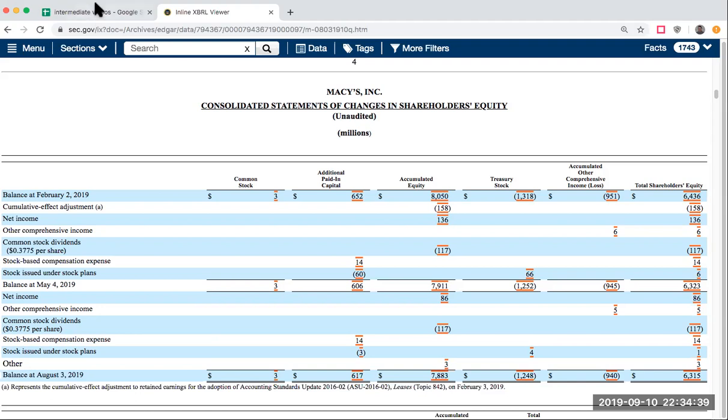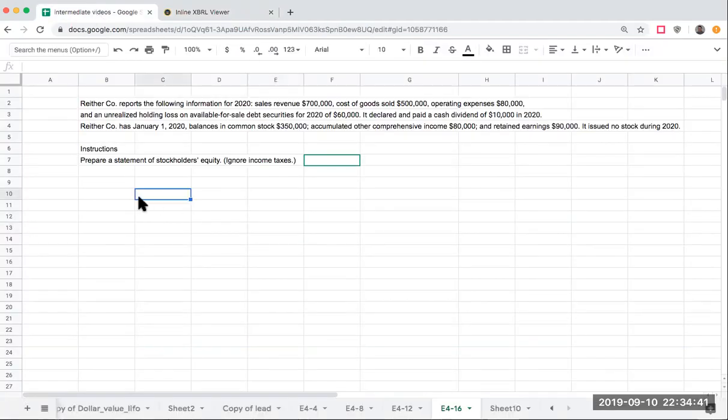So in preparing a statement of stockholders' equity, the way we're going to do it is we're going to have our beginning balances. We'll have these beginning balances for common stock. You might have one here for par and then additional paid-in capital, but this particular question is just giving us common stock.